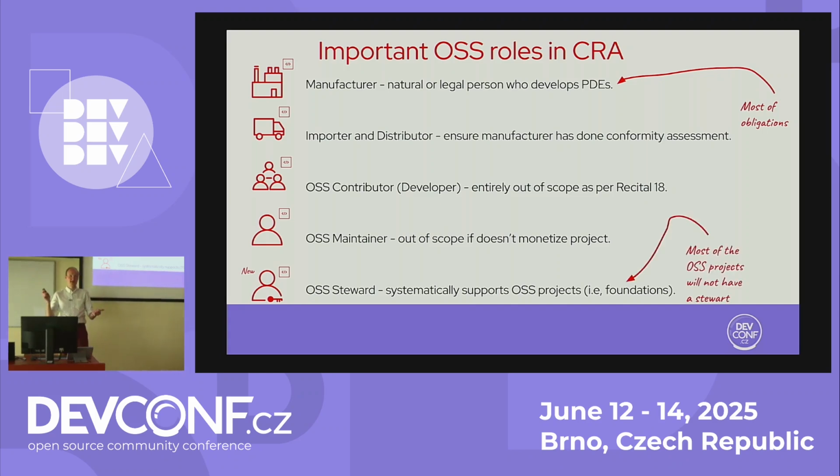But you know what? Most of the open source projects will not have stewards, right? I think most of us, or at least some of us, are working on a number of open source projects, and not all of them actually have the foundation umbrella, right? As individual projects, etc.